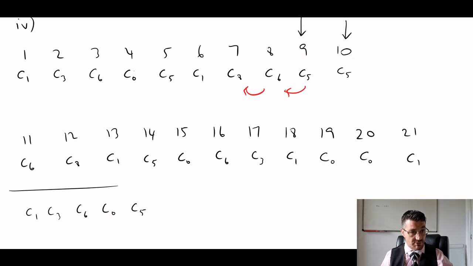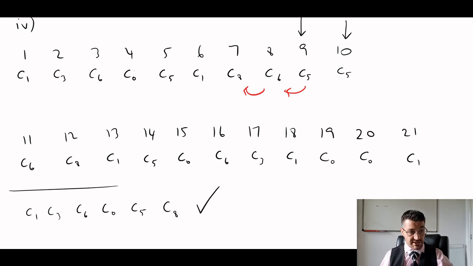C5, we've got C1, which we've already got. C8, C6, which we've already got. C5, we've already got. C5, C6. Obviously, we're going to have all of these. C0, we've already got. So these children, C1, C3, C6, C0, C5, C8, they do receive suites.